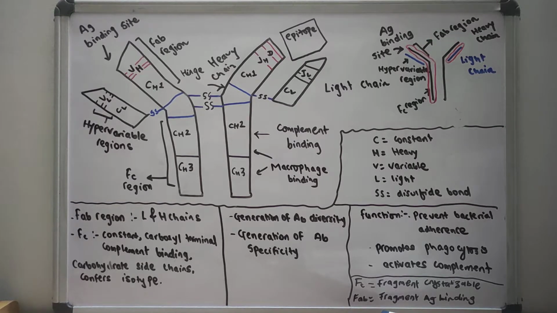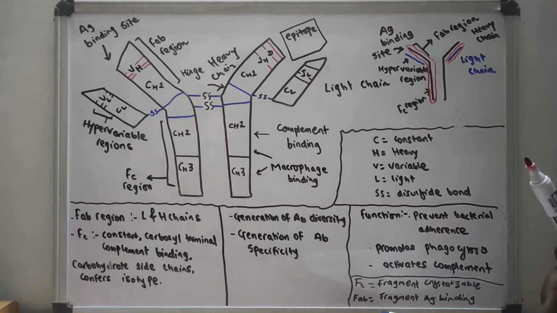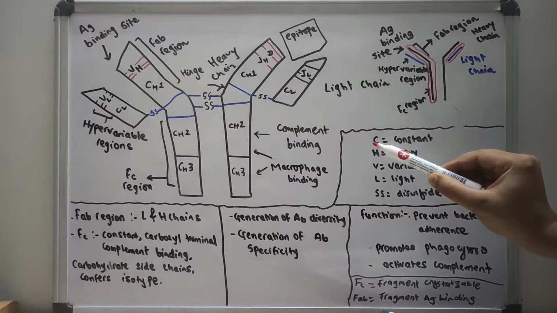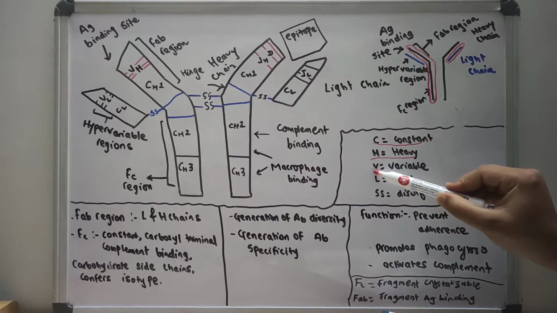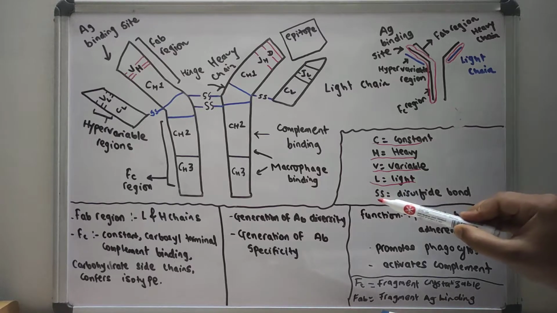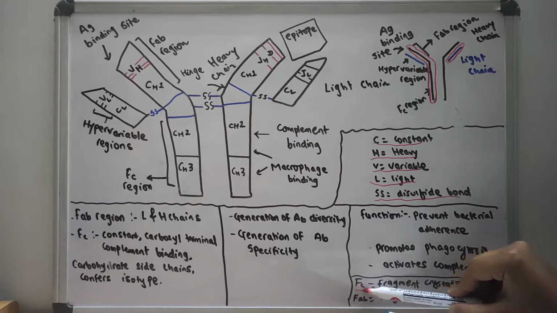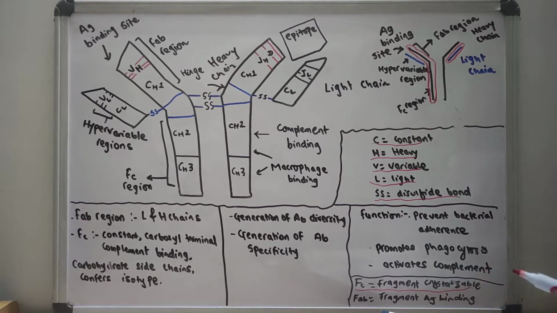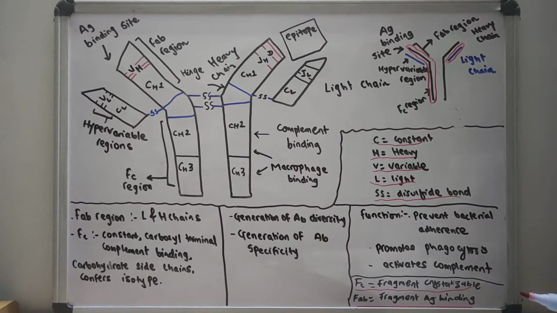Before going to a more explanatory antibody structure, I want you to know some brief nomenclature. C is constant, H is heavy, V is variable, L is light, SS denotes the disulfide bond, FC denotes the fragment crystallizable, and FAB denotes the fragment antigen binding.